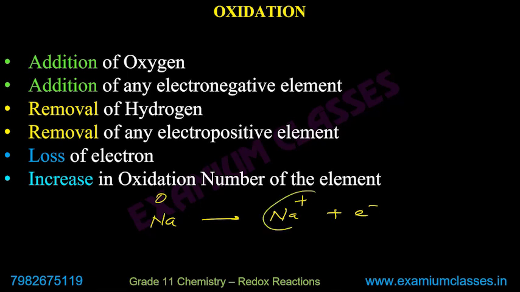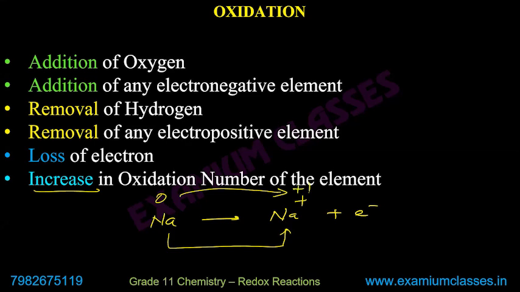Here oxidation state is plus one. So it means oxidation state increased when it lost one electron. So loss of electron, and similar one, I'm not saying same thing because these are two different things, increase in oxidation number of the element is also oxidation. So here it is oxidation, we can interpret it as increase in oxidation state also, from 0 to +1.